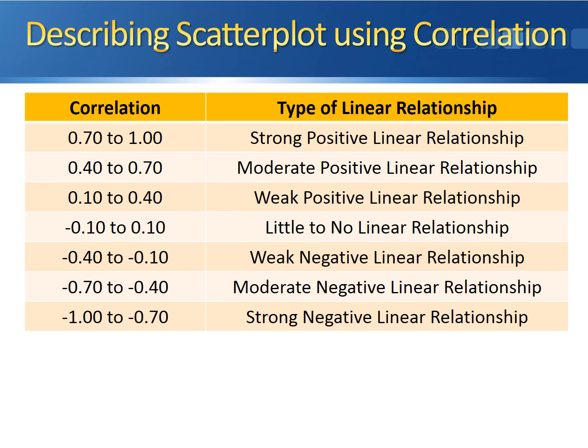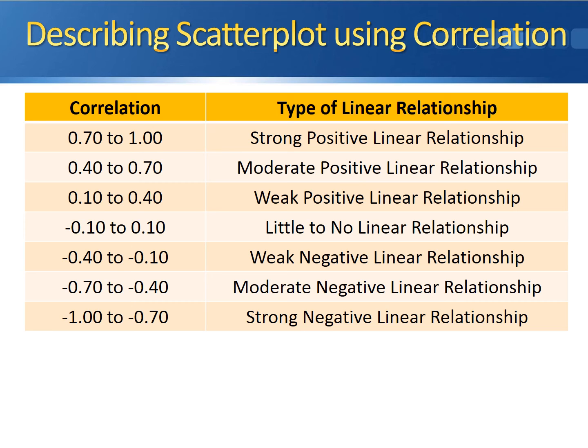Now, this table here divides up the range of possible correlations, -1 to 1, into 7 distinct ranges that tell you what type of relationship exists between x and y. For example, if your correlation lies between 0.7 and +1, we have a strong positive linear relationship.